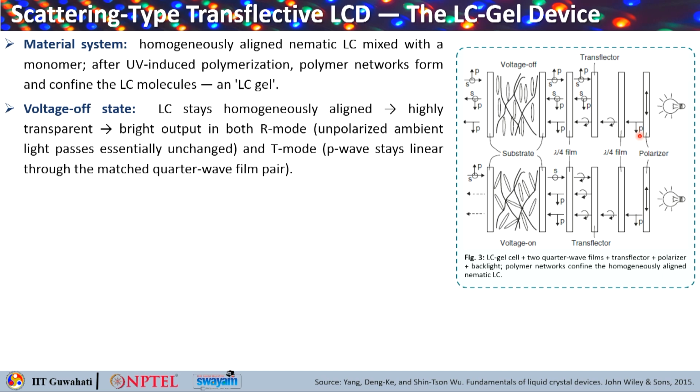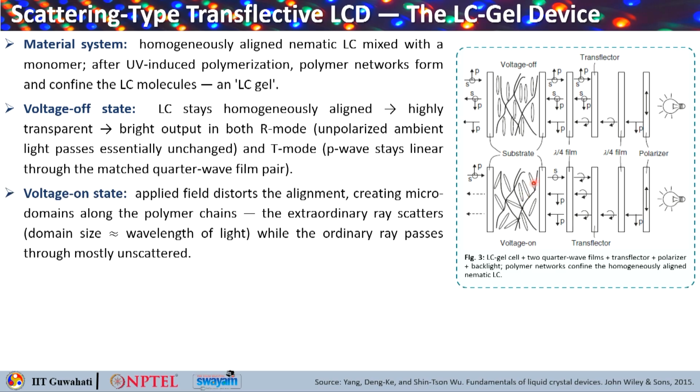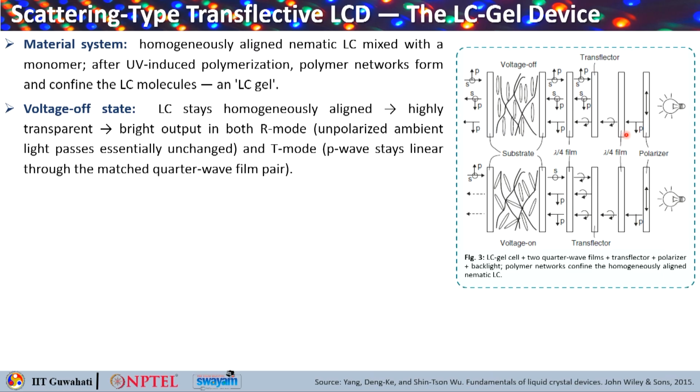Okay. So this is basically in the voltage off case, this is in the voltage on case. Okay. So for the voltage off case only we are discussing. So you see in the transmit mode, this backlight is becoming a linearly polarized P wave after the polarizer.